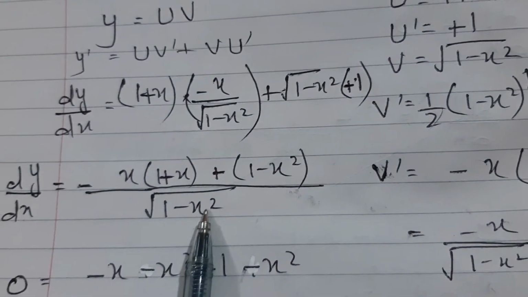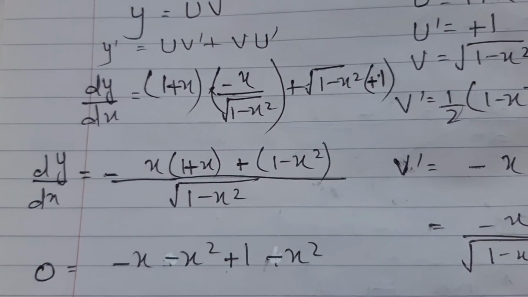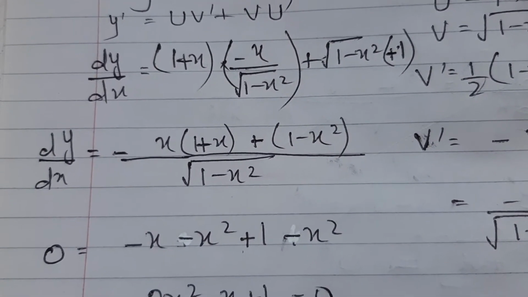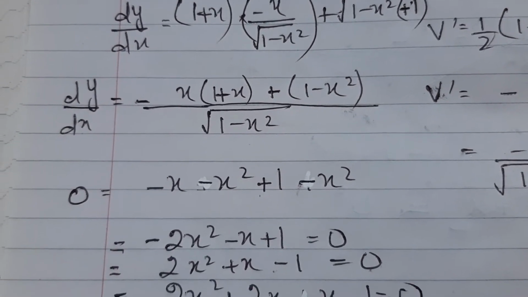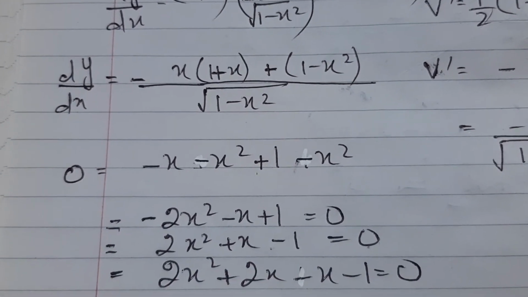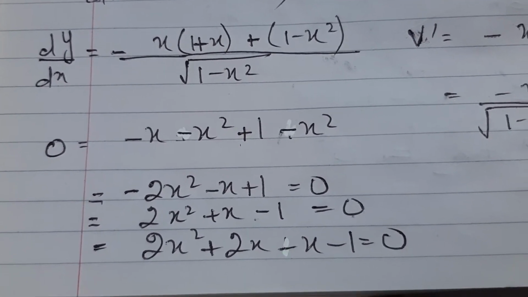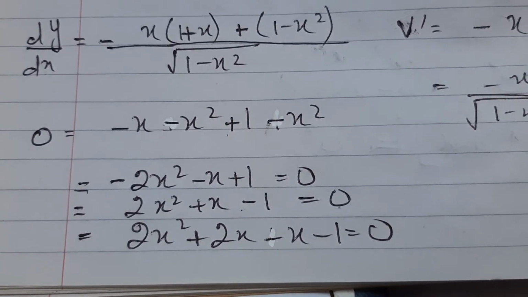Simple LCM rule, right? So when this will multiply by this, root times root, root will go away and it will be 1 minus x square. After that I am simply removing the brackets in the numerator. So I ended up with the equation minus 2x square minus x plus 1. So it's a quadratic equation and I am solving it now, right?